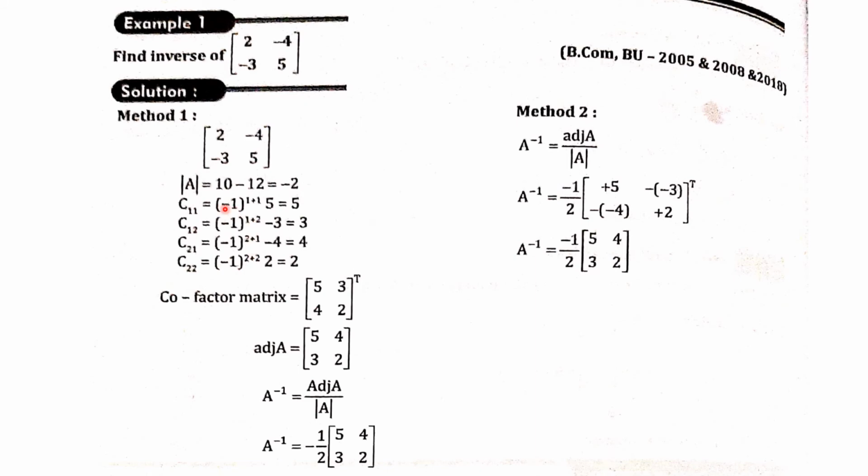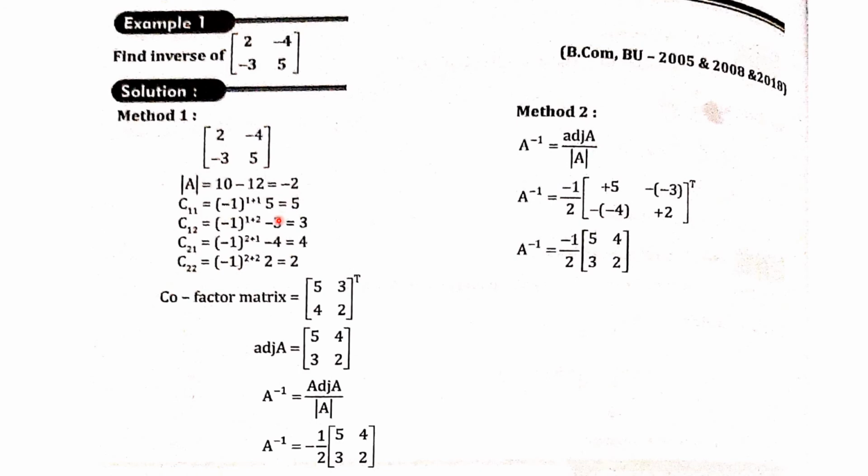For the number 2, the cofactor you should find is 5. This row and this column get cancelled for 2, so the remaining minor is 5. You will write 5, and as the symbol is plus, you can write directly plus 5.